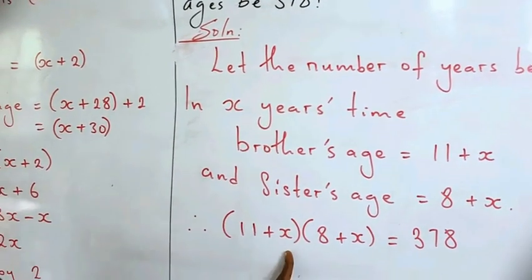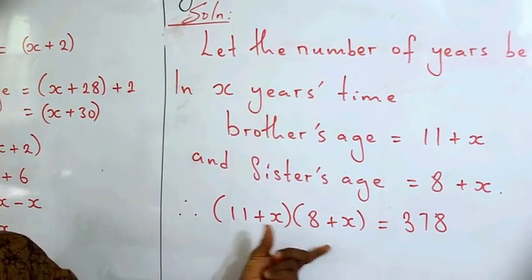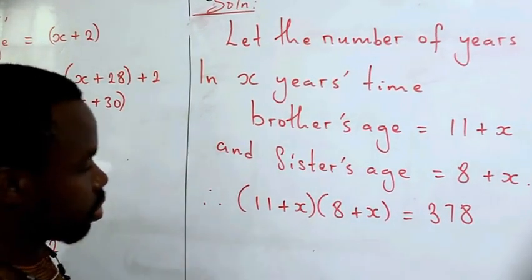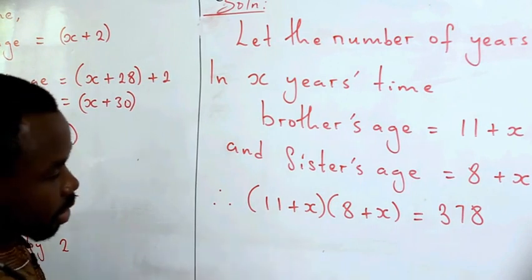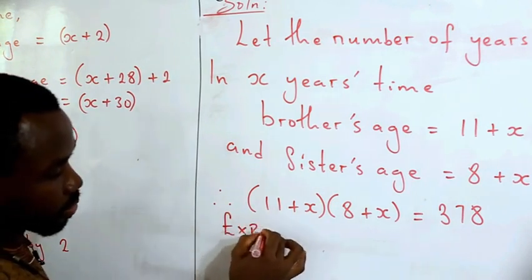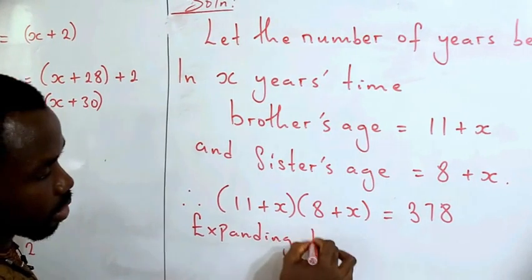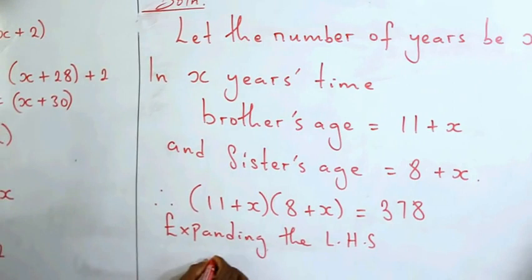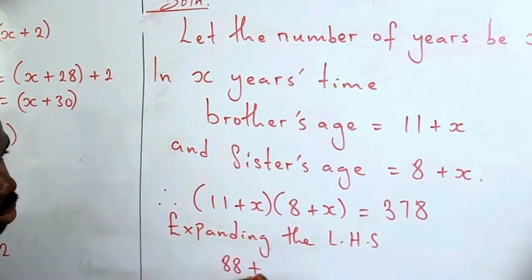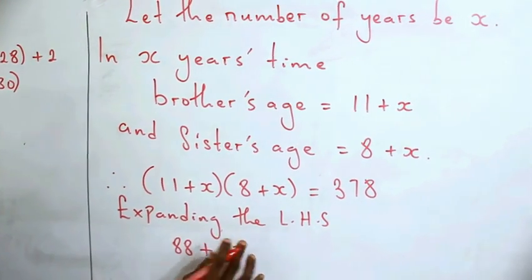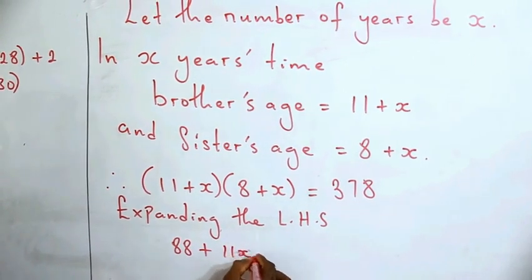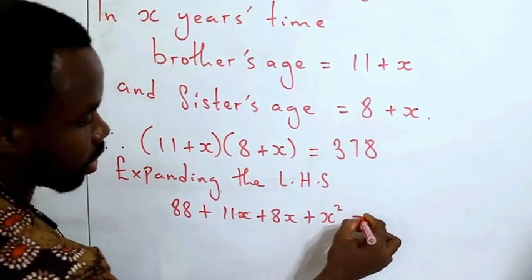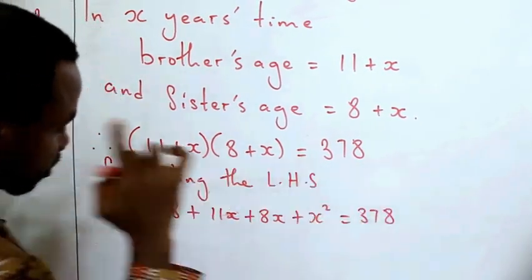On the left-hand side, we have the product of two linear factors. And this product here will give us a quadratic expression. Let us expand. Expanding the left-hand side, we should have 88 plus 8x, or 11x first, then plus 8x, then plus x squared, equals 378.